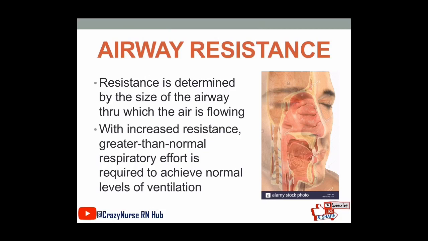So the body will try its best to compensate for the lacking oxygen needed by the body. Thus, the respiratory system will make a greater than normal effort in order to compensate for that lacking oxygen due to airway obstruction.